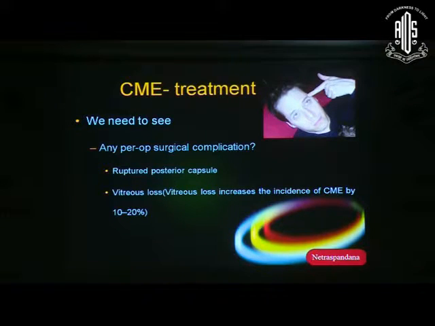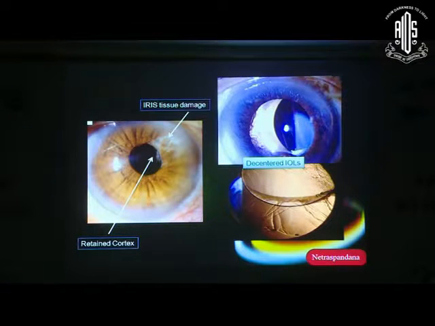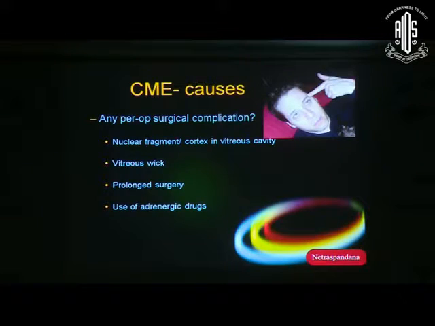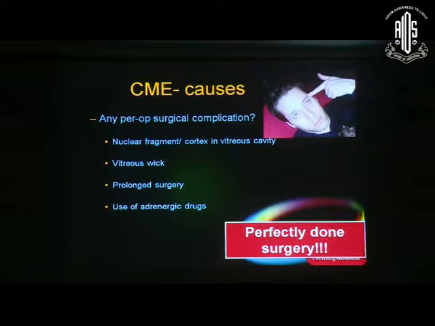It could be ruptured posterior capsule, vitreous loss, or iris tissue damage during surgery, a retained cortex, decentered IOLs, a retained nuclear fragment in the vitreous, vitreous wick, prolonged surgery, and use of adrenergic drugs. It can also happen after a perfectly done surgery.